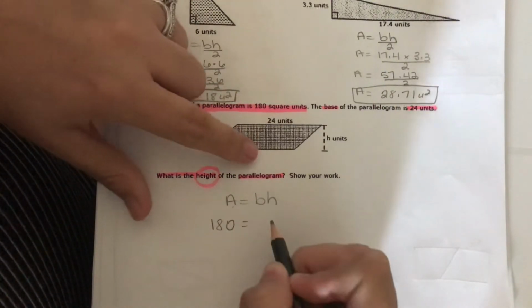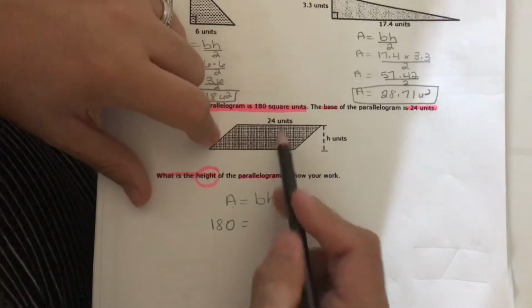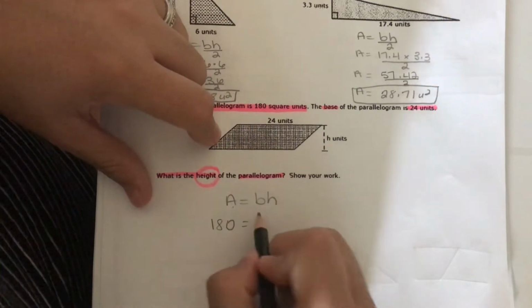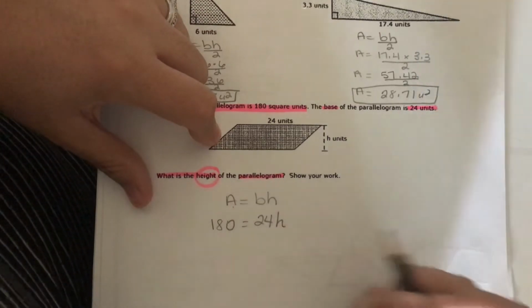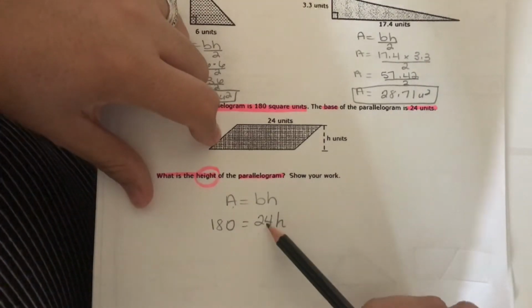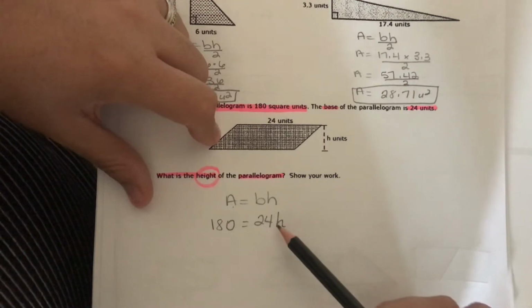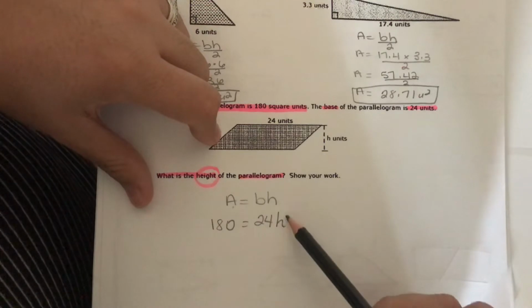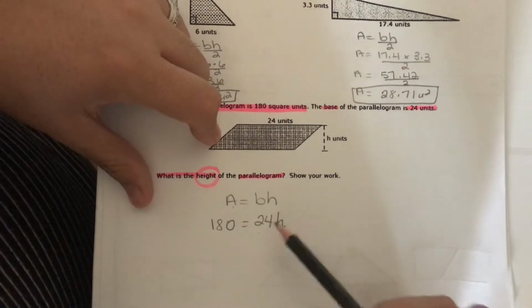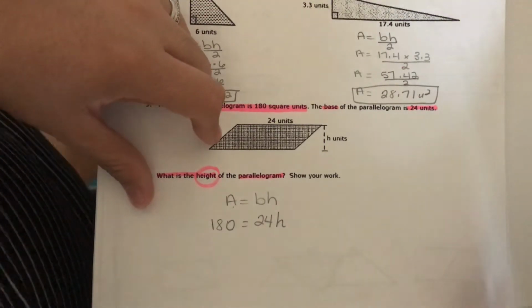I know that the base, because the top and the bottom are the same, is 24, but I don't know the height. And I didn't put anything in between the 24 and the H because, as I've taught you before, when a number and a letter are next to each other without anything in between, it just means that they're multiplying.